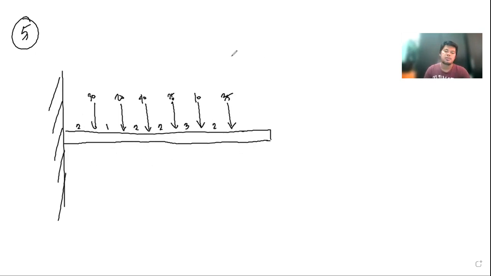According to the problem, we are being asked to calculate the resultant force, shall we say FR, with the distance D from the wall.